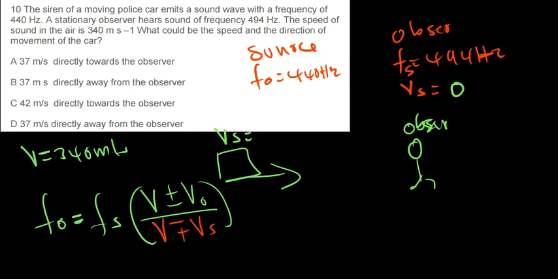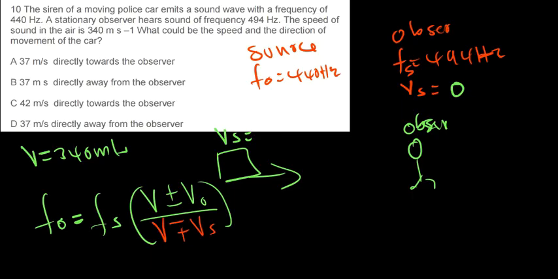So the source is moving toward the observer. What would be the velocity of the source? Negative, positive? In short, if something is stationary, the thing which is moving toward the stationary one will always be positive.